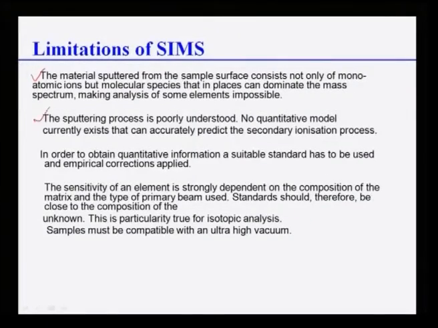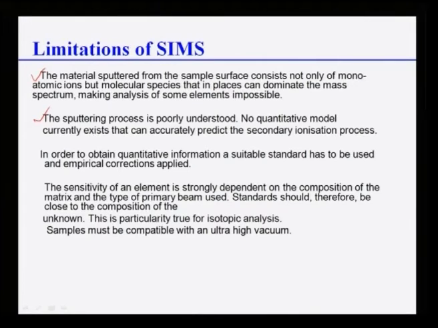The second important thing which is bad about this is that the whole sputtering process, which is the main thing in SIMS, is very poorly understood. We do not have any quantitative model so far that can accurately predict the secondary ionization process. There is none.